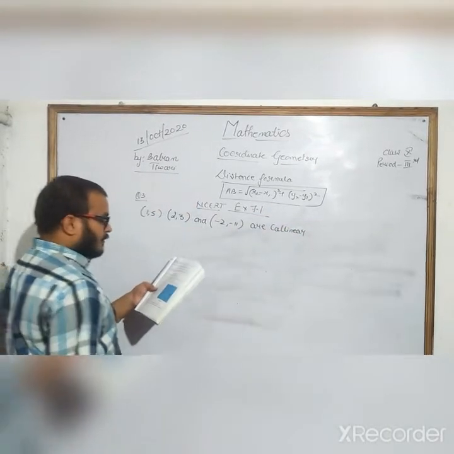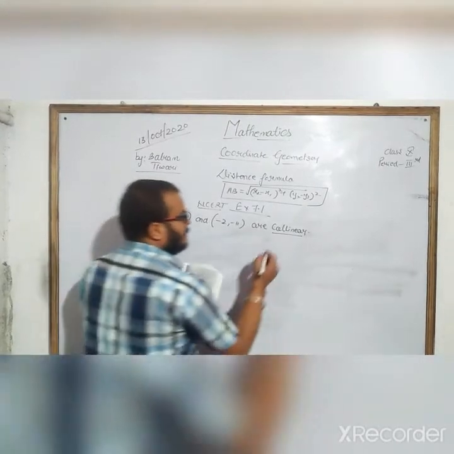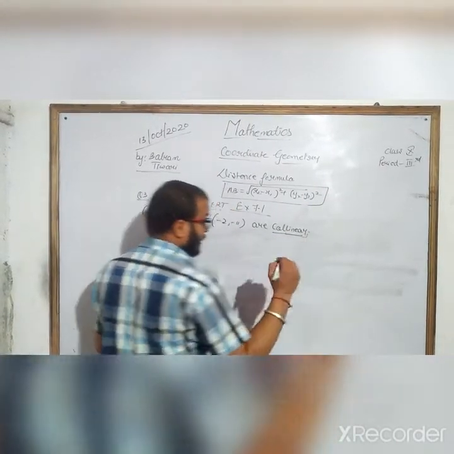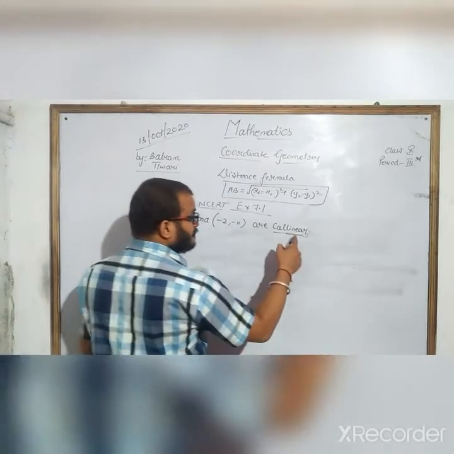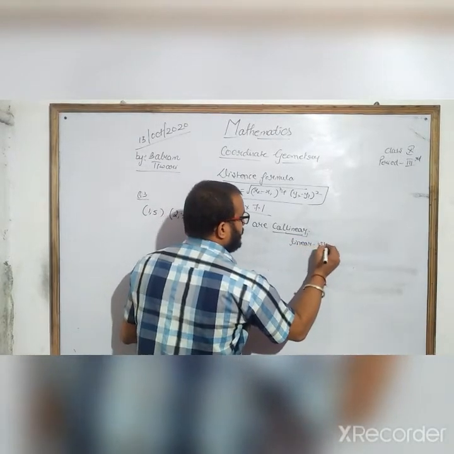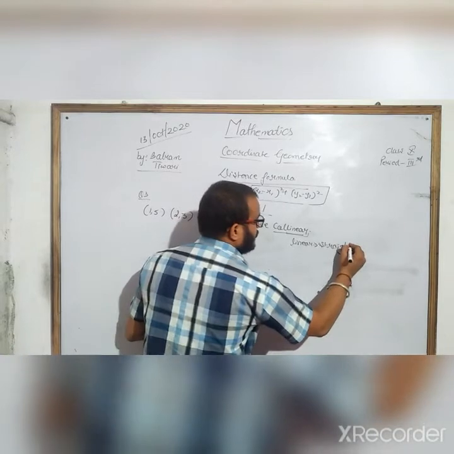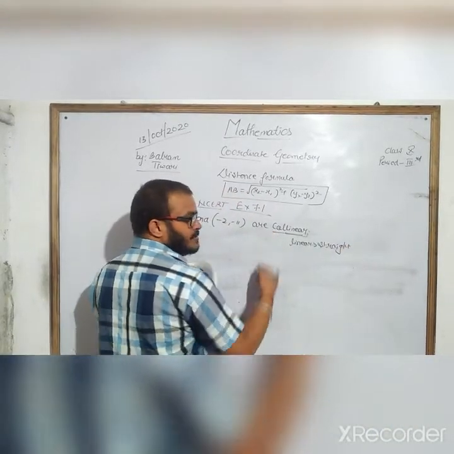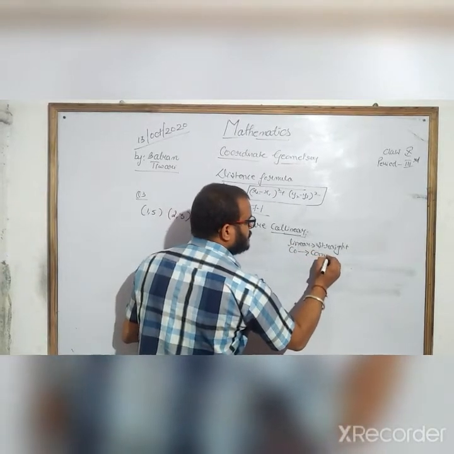First of all, what is the meaning of collinear? As you know very well, linear means straight line, and co means common.